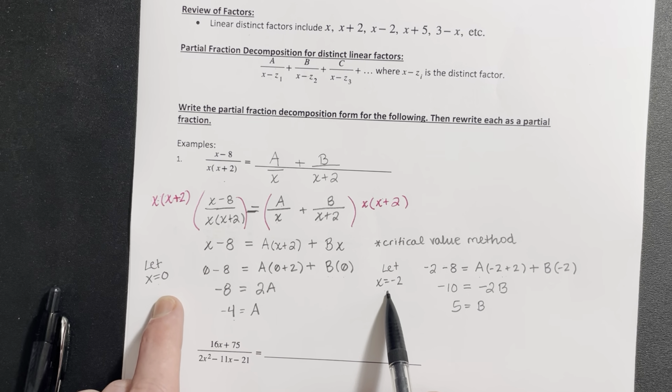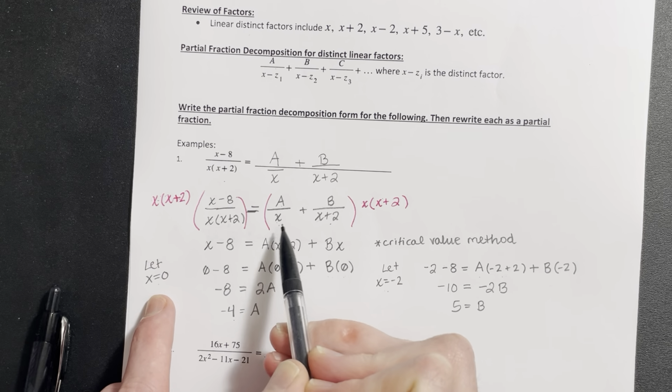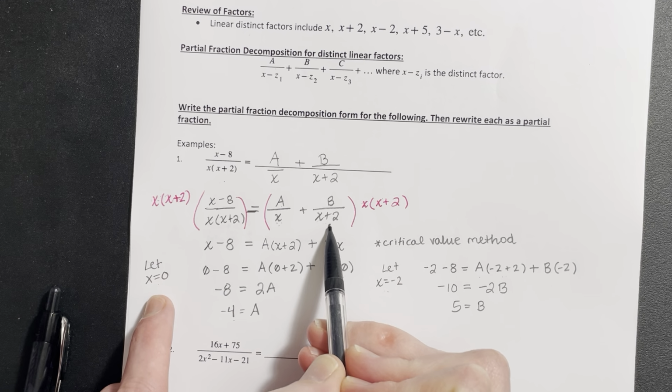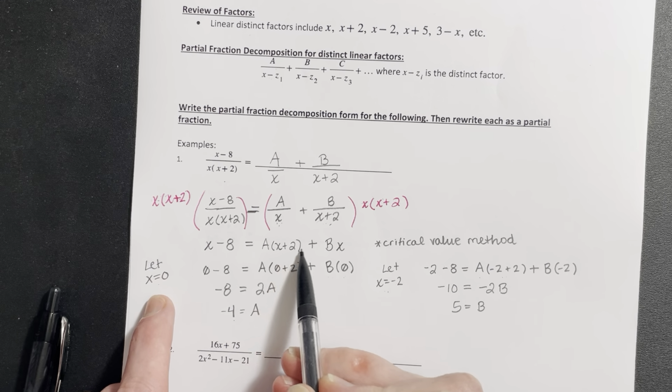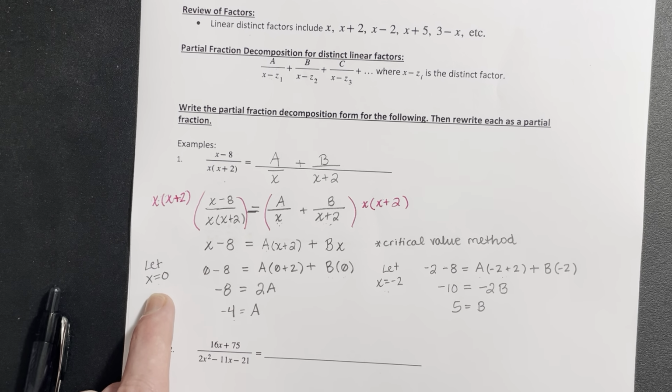Now the way that I chose these x critical values is based off the denominators. I'm looking at what would have made these denominators equal to 0 because we're trying to eliminate one of these variables a and b when we're solving that equation.